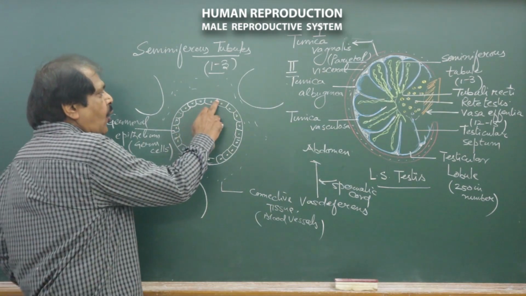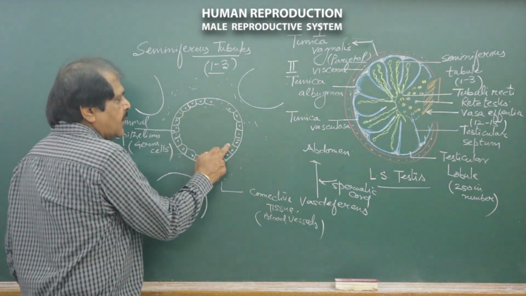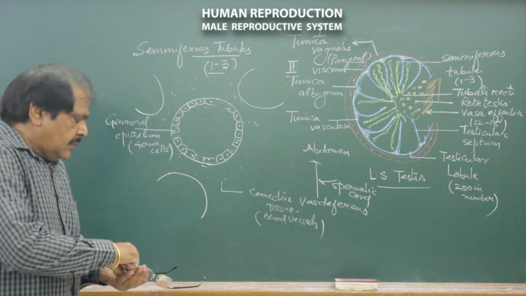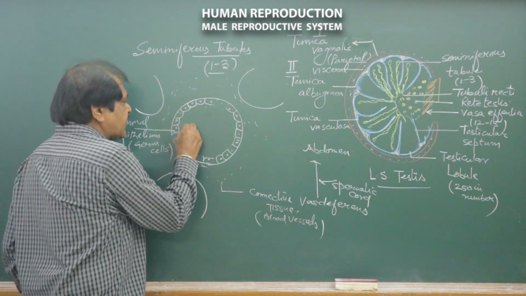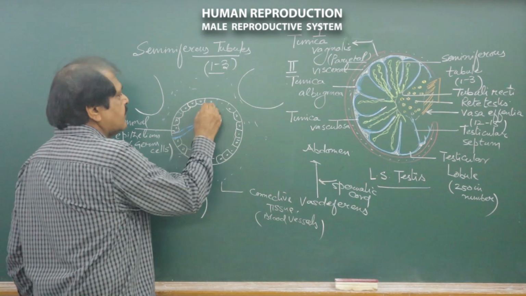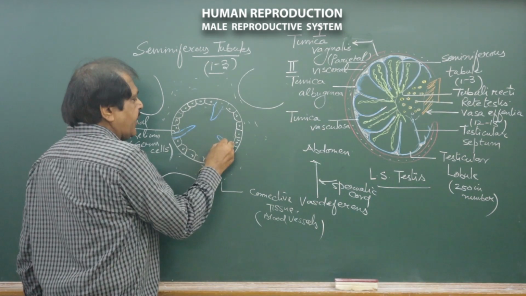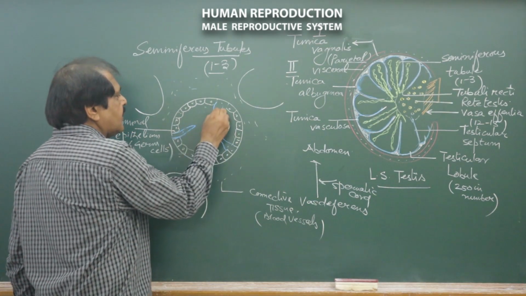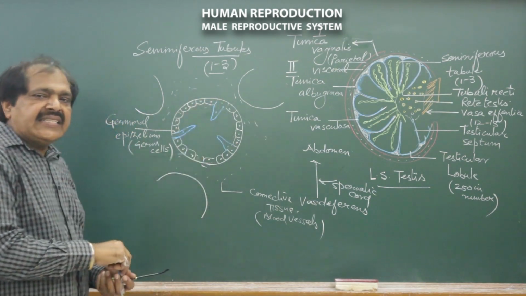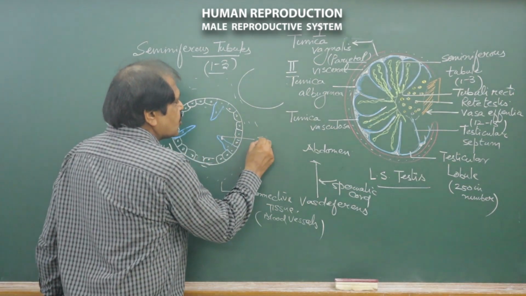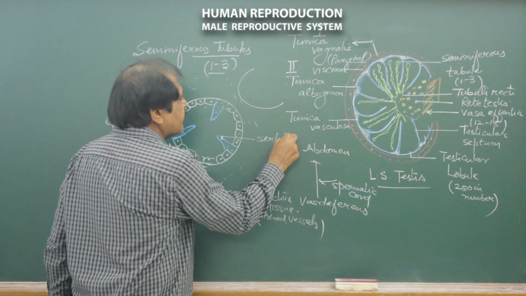But there are also pyramidal shaped cells, elongated cells. These are the elongated cells, and they are known as Sertoli cells.